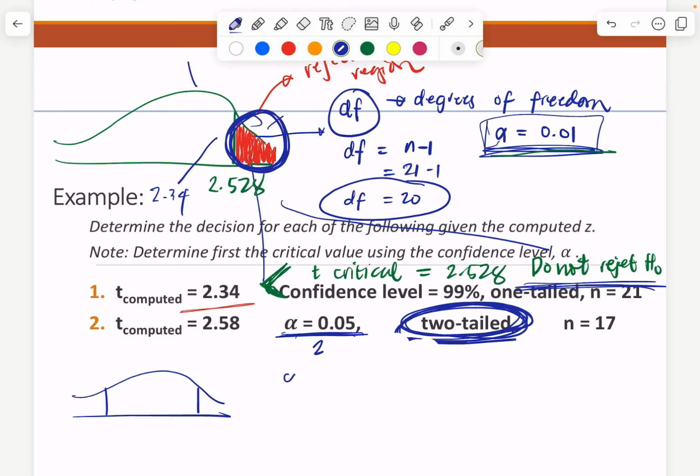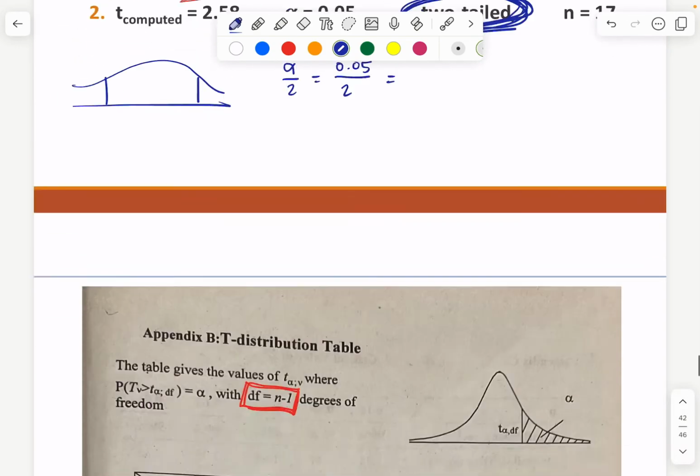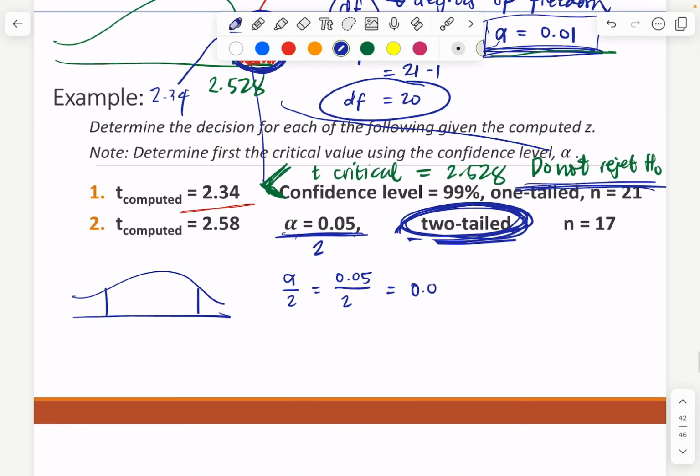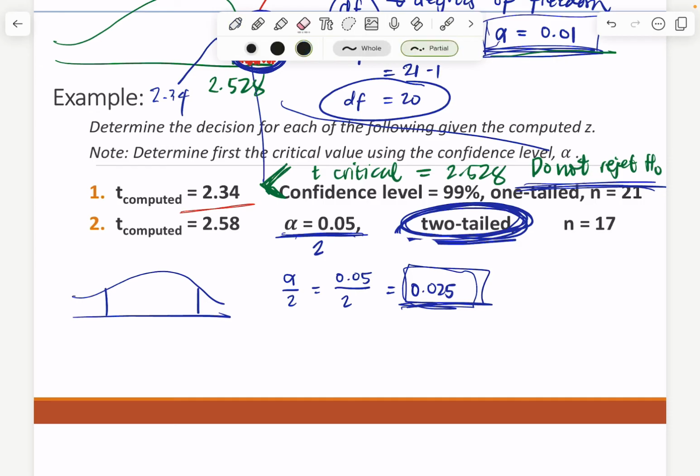So 0.05 divided by 2, how much is that? That is 0.025. So this will be the alpha that we will be using, 0.025.